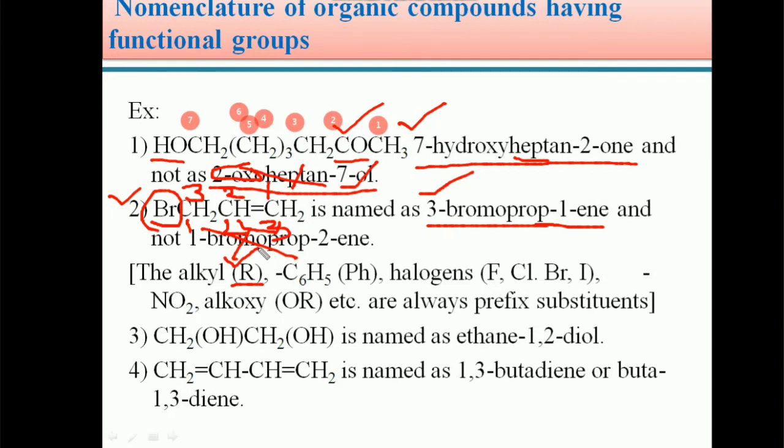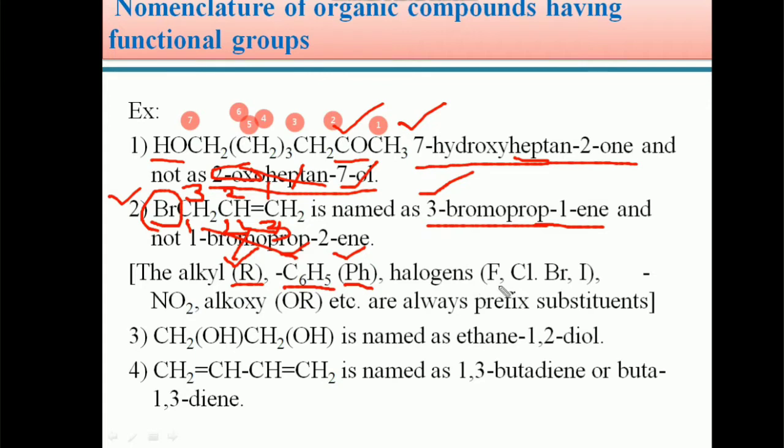So these are called alkyl groups. Similarly, C6H5, this is a phenyl group. Phenyl substituents, phenyl ring. Sometimes it is denoted as Ph or C6H5. This is also considered as a substituent.